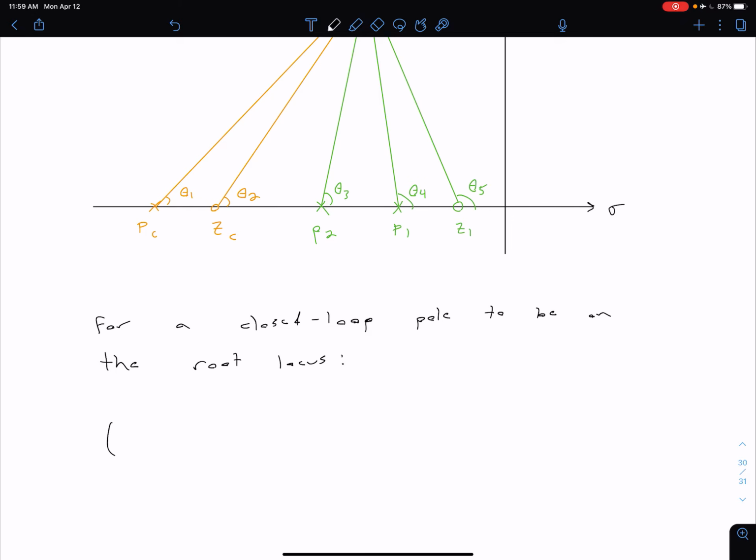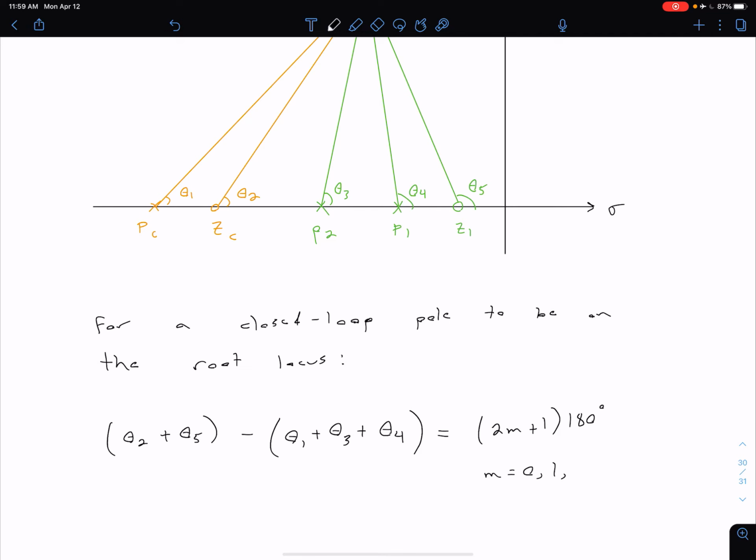So in this case, we have two zero angles. It's going to be theta 2 plus theta 5 minus the sum of our pole angles, which in this case we have 3. We have theta 1 from our compensating pole plus theta 3 and plus theta 4 for our original poles. And so we know that that has to be some odd multiple of 180. So 2m plus 1 times 180 degrees, where again, m is just going to be 0, 1, 2, and so forth. So just any integer value.